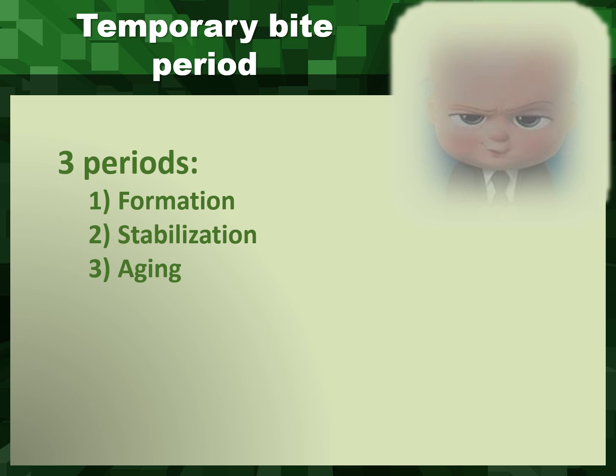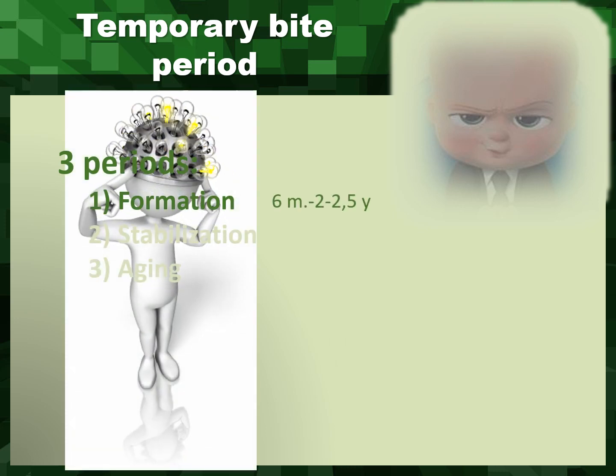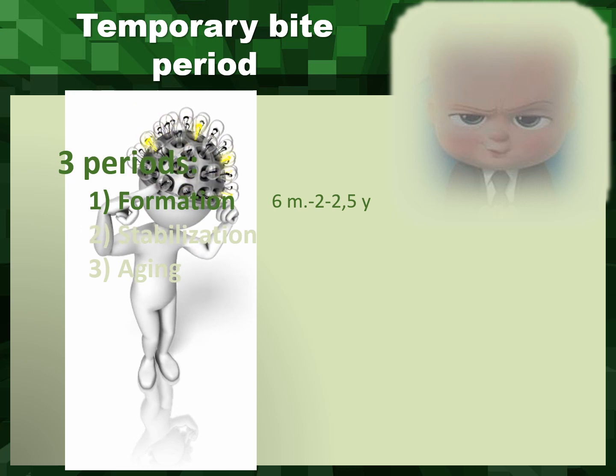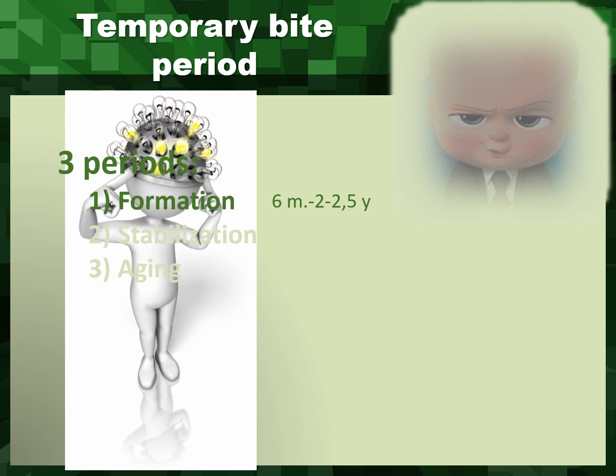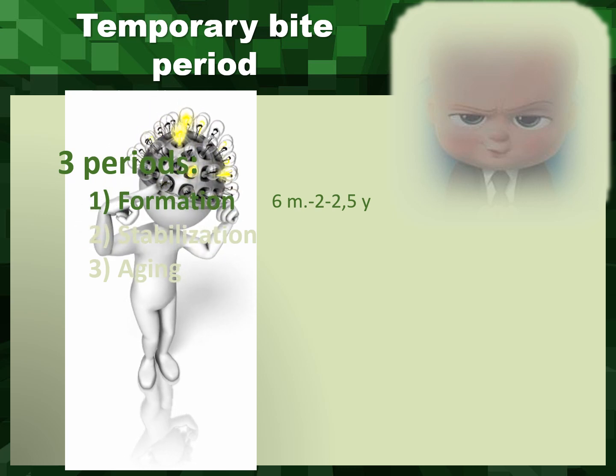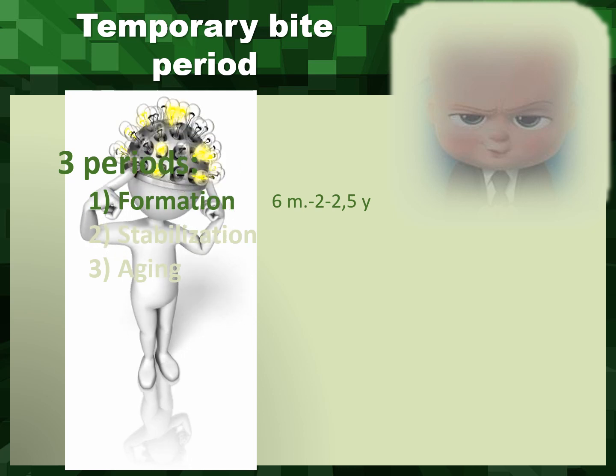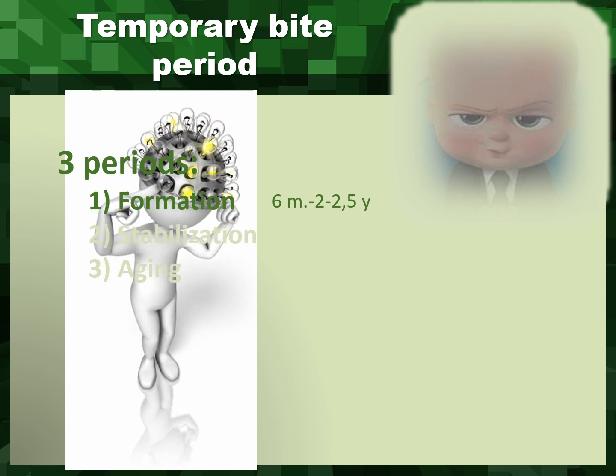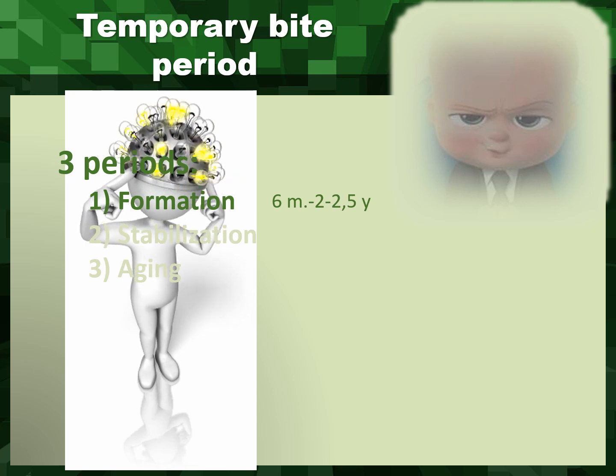How are these periods distributed in age from 6 months till 6 years? First period, formation period, from 6 months till 2.5 years old. And what features are in this period?